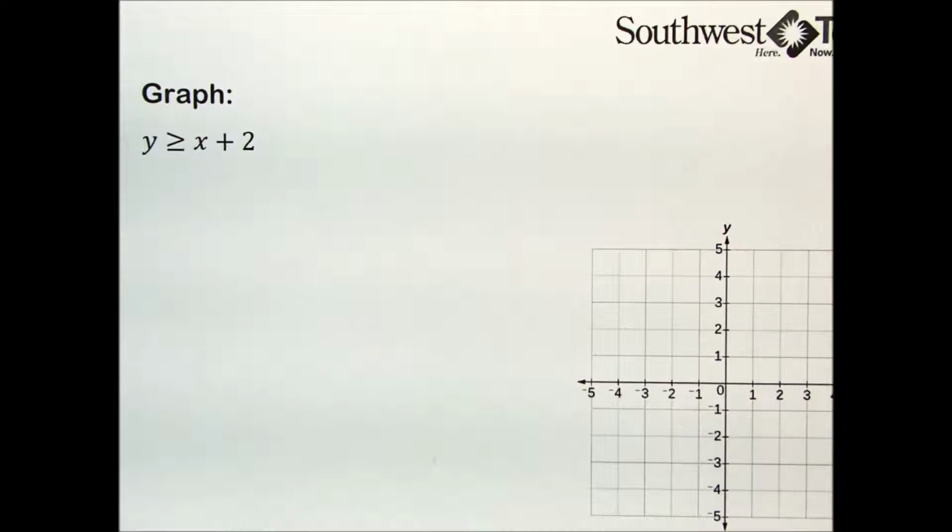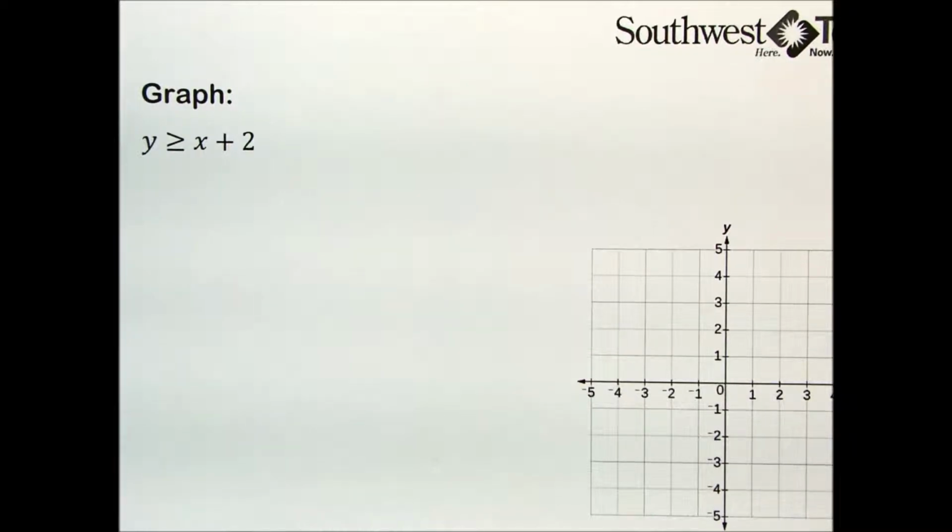So let's take a look at graphing this linear inequality. When you graph a linear equation, you have a line. When we're replacing that equal sign with an inequality sign, we have what we call a linear inequality. The solutions of the linear inequality are ordered pairs.